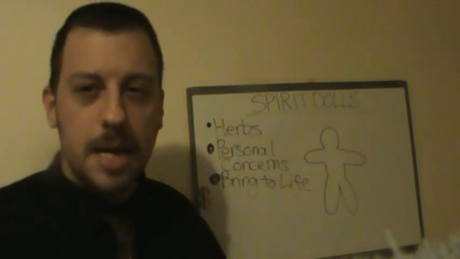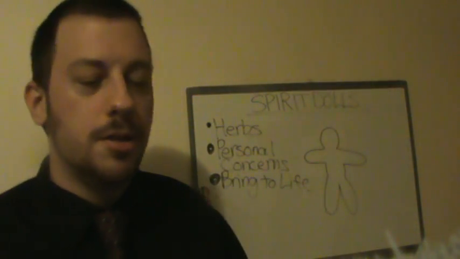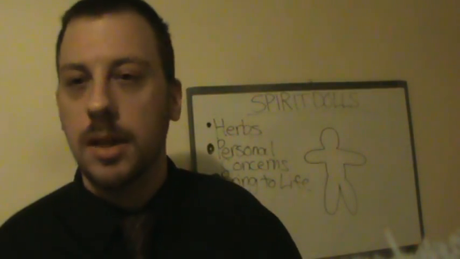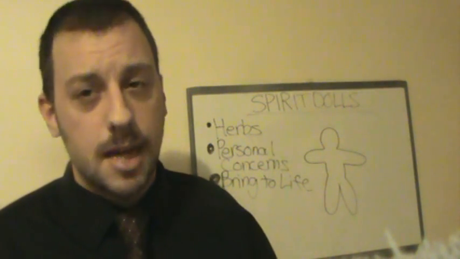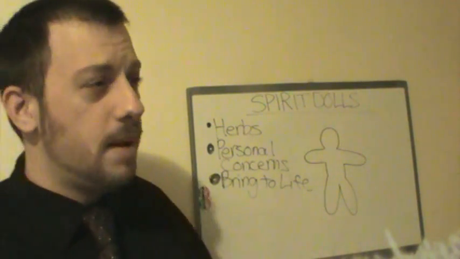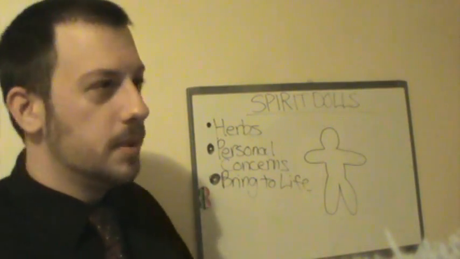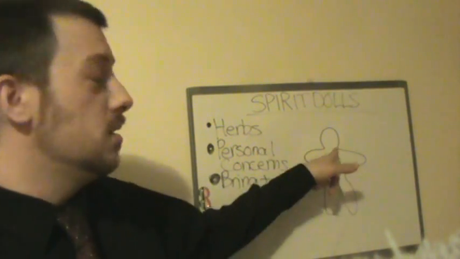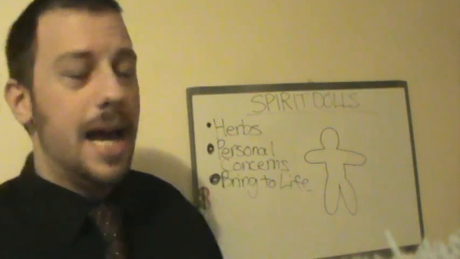There are different methods. In Conjure, it's really popular to baptize the doll in the person's name. Christianity does have a pretty big influence on Hoodoo. So, you may baptize the doll with whiskey, in the name of the Father, Son, Holy Spirit, and the person's name. That's one way. You can breathe life into the doll.